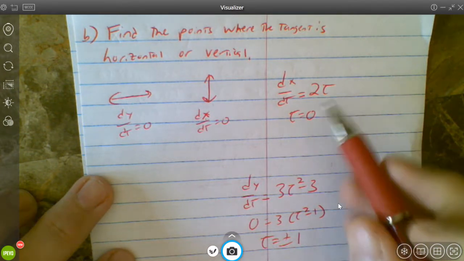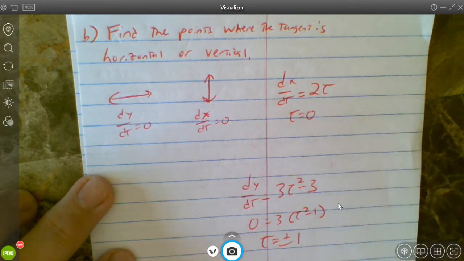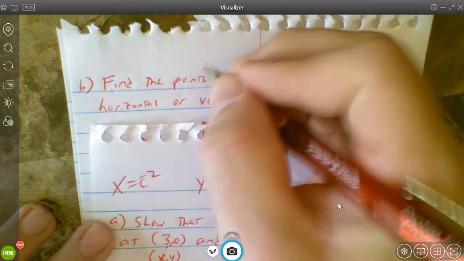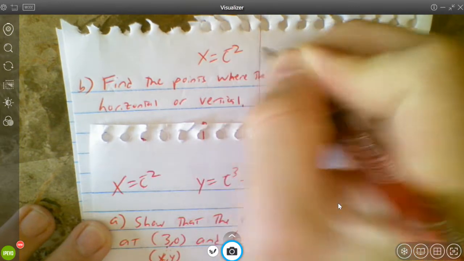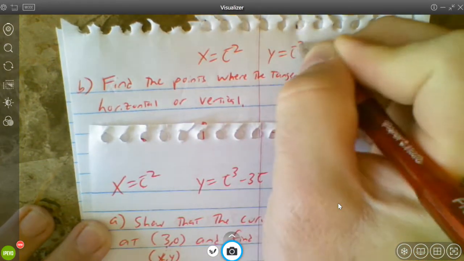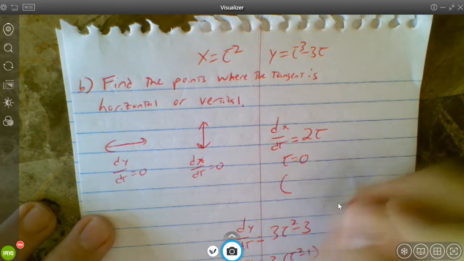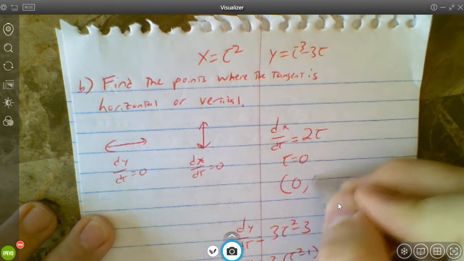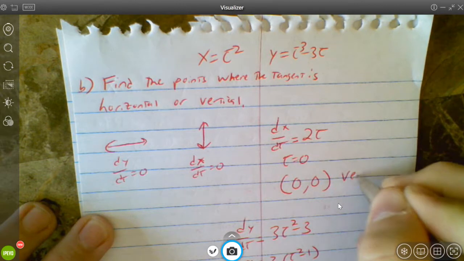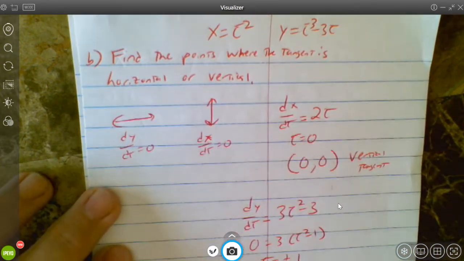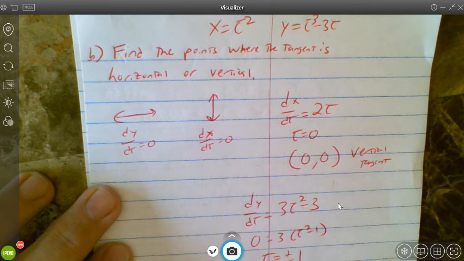It says, find the points where this happens. I have to look back to the original function, and I'll write it up top here. I just have to keep going back and forth with the papers. y is t cubed minus 3t. So at t equals 0, the point is 0, 0. That's where I'm going to have a vertical tangent. And I'm going to have a horizontal tangent when t is plus or minus 1.